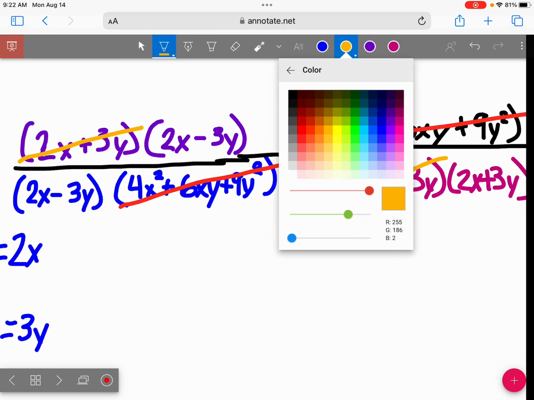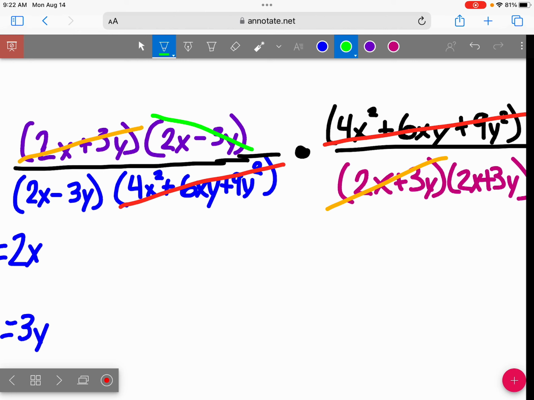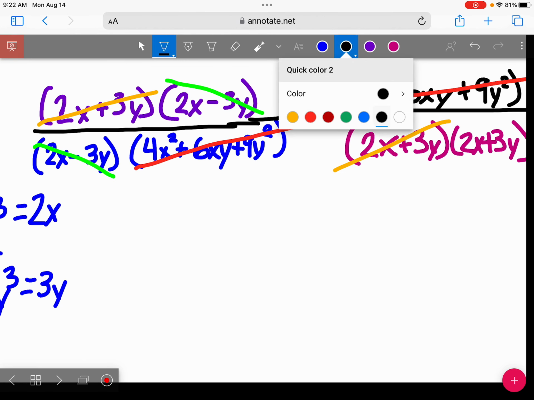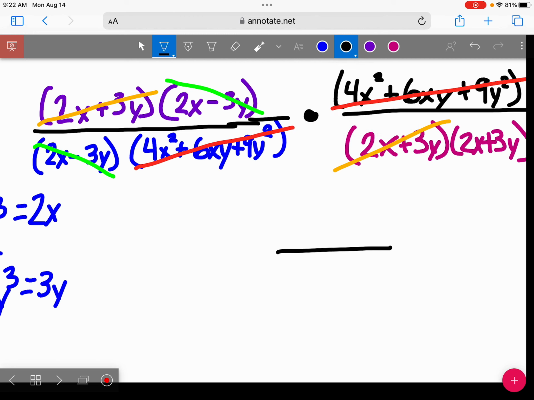And then we also have a 2x minus 3y and a 2x minus 3y. So we're left with the 2x plus 3y in the denominator. Make sure you don't give it to me as a numerator. It's in the denominator. It's got to stay in the denominator.